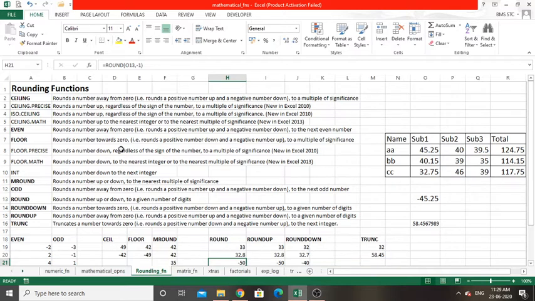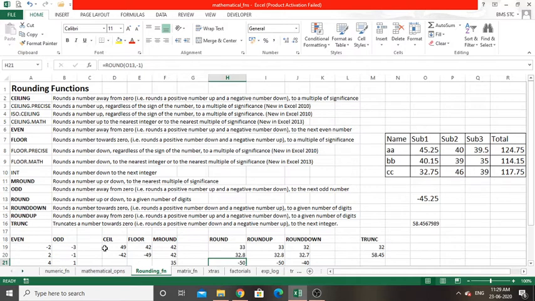Okay, so let's begin. Here you can see a list of rounding functions in MS Excel. The main objective of rounding functions is rounding a number away from 0, that is either rounding up or rounding down.